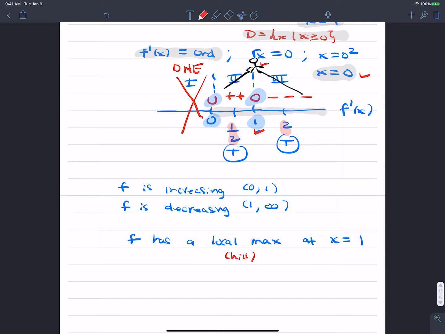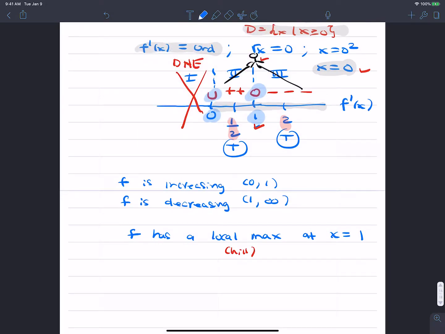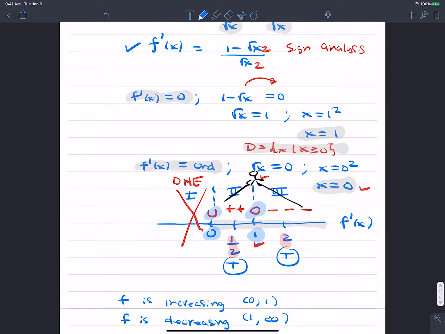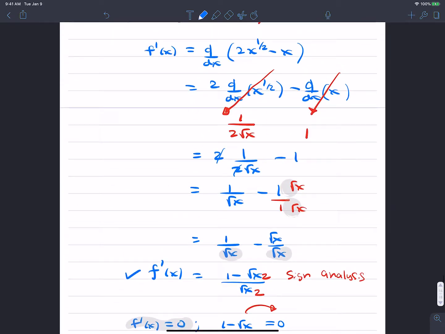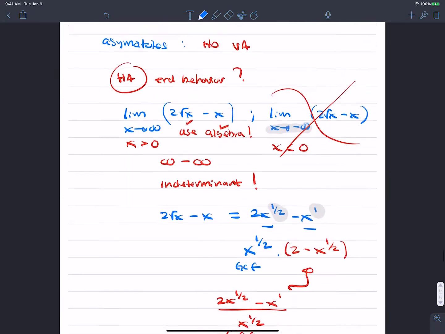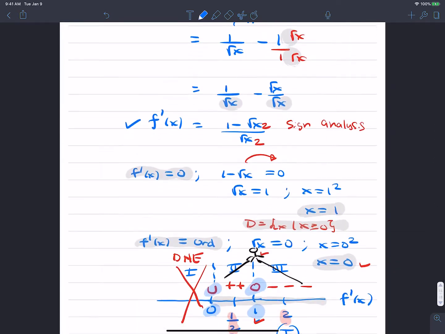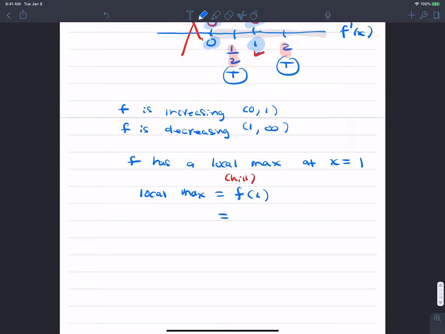In fact, we also need to know the value of the local max, right? So the local maximum value will be the value of the function at what number? At 1. It's f of 1. So I have to go back not to the first derivative. I have to go back to the original function they gave me, which is 2 square root of x minus x.